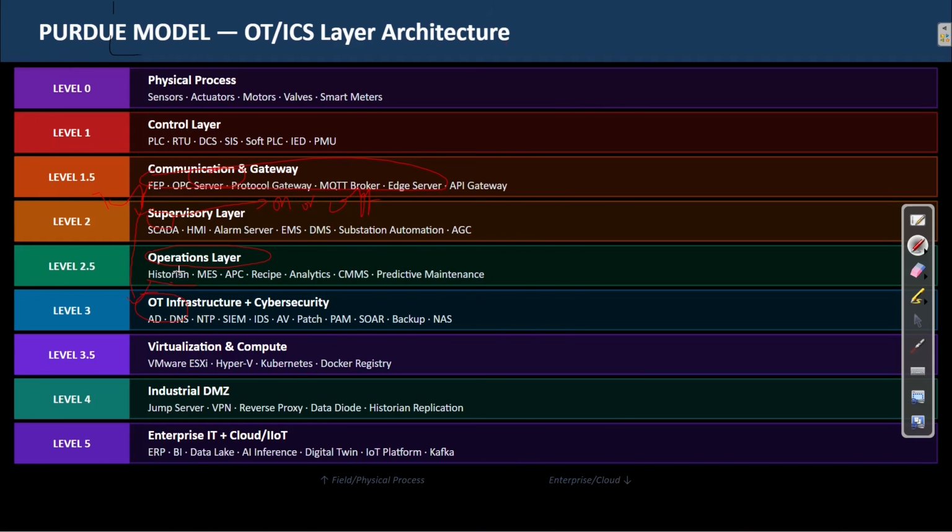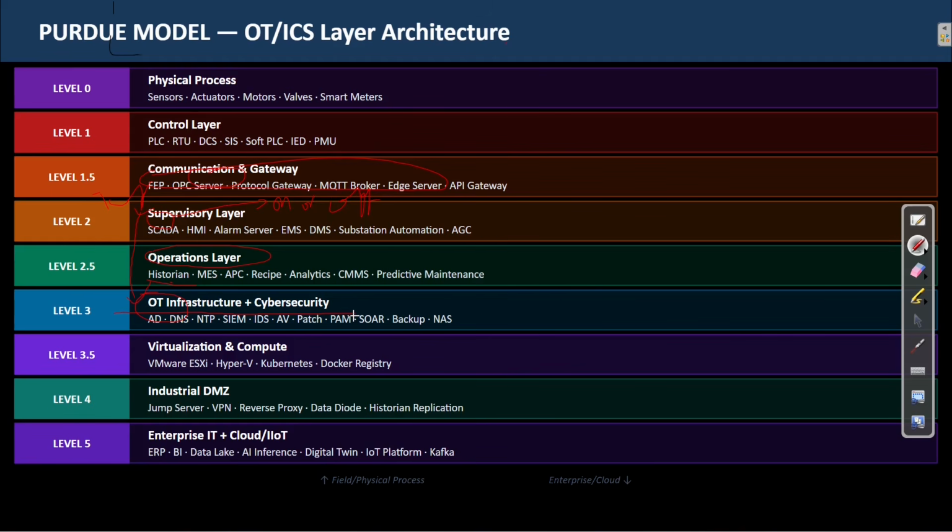Now when we are talking about level 3, that is called OT infrastructure plus cyber security. So this level 3 provides IT services and cyber security for the OT environment. So this level 3 is very important.